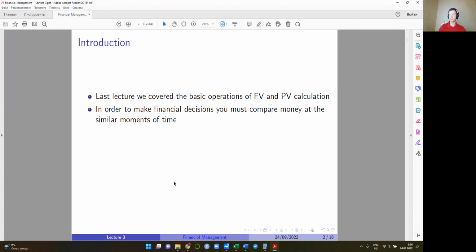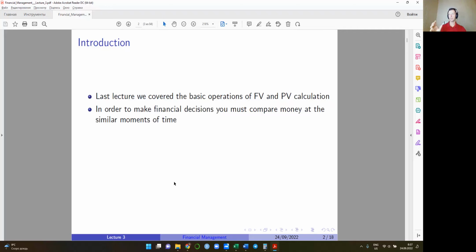Please remember that once you are given different investment opportunities, different options for how you can receive your money, you must compare these opportunities according to the rule of time value of money. And this rule says that you must compare money at similar moments of time.